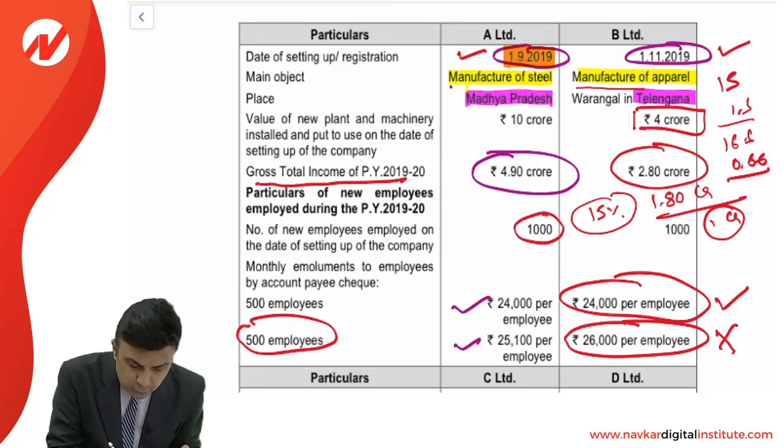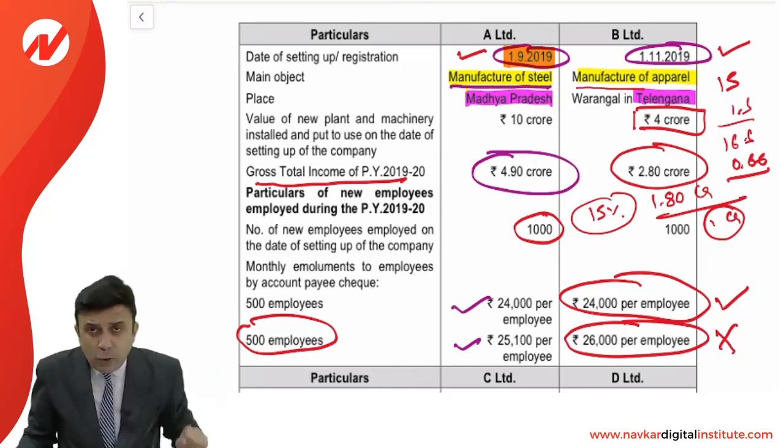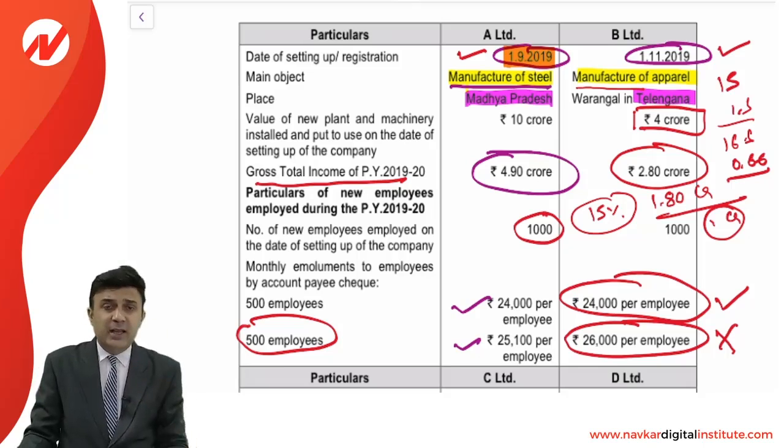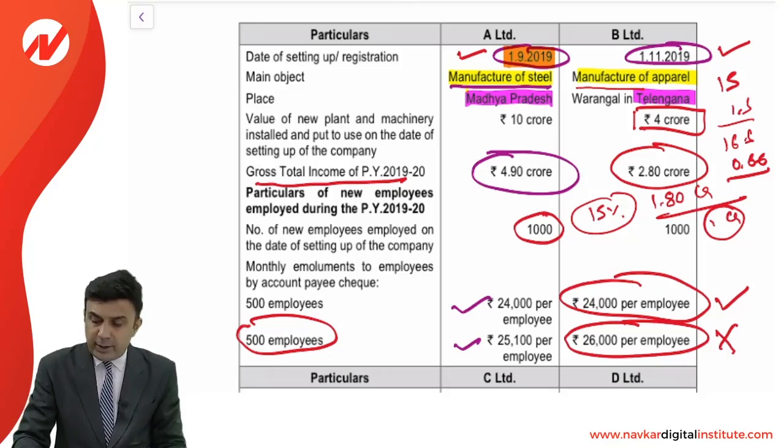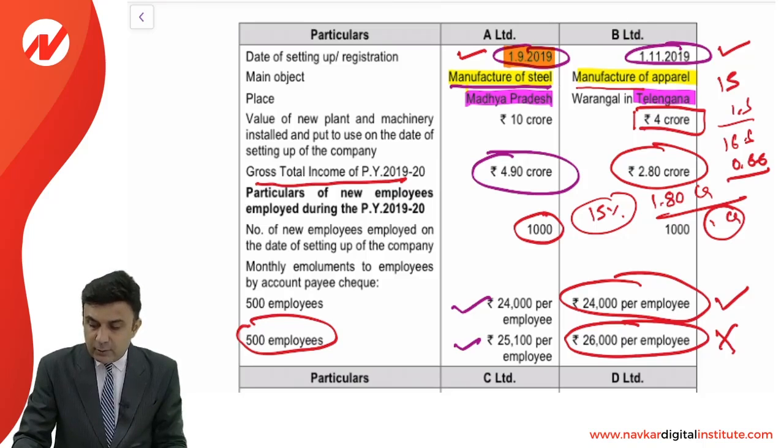And as you are into the business of manufacturing of steel, that concessional 150 days is not applicable to you. So JJAA won't be eligible in your case. Your income is 4.9 crore and on 4 crore 90 lakh, your tax will be 25.168%.